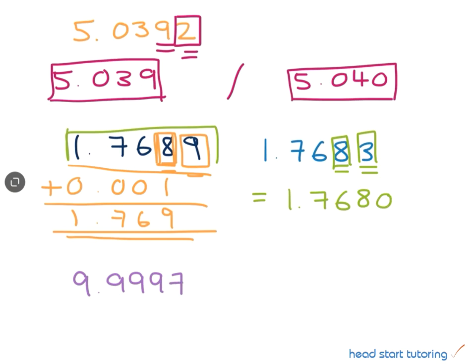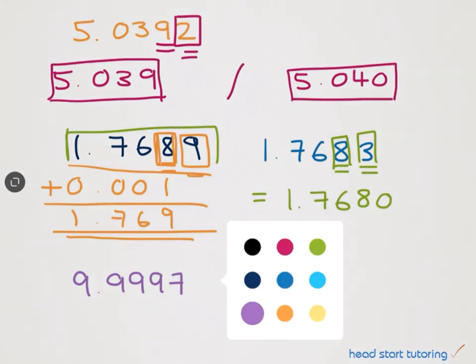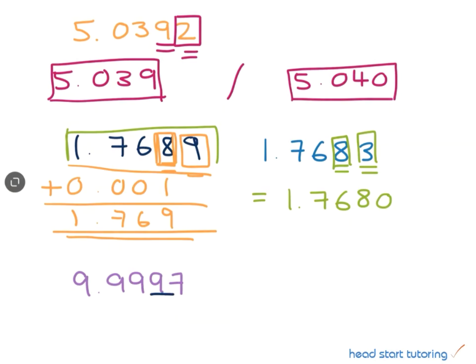Right, if we have a look at the number 9.9997, and again we would like to round to the nearest thousandth, we need to have a look at our 10,000ths column where we have 7 10,000ths. Now because that 7 is 5 or greater, we are going to round our 9 up by 1 digit.